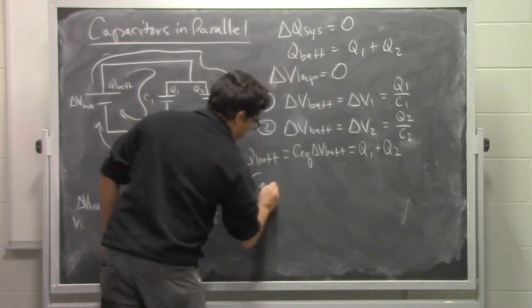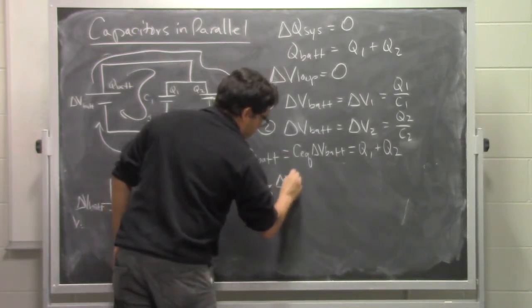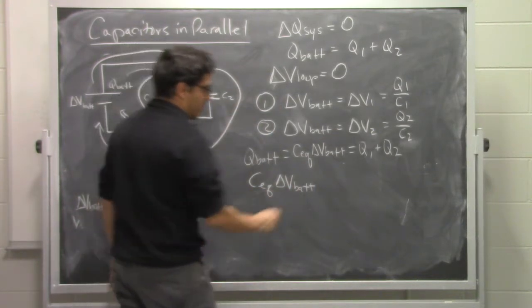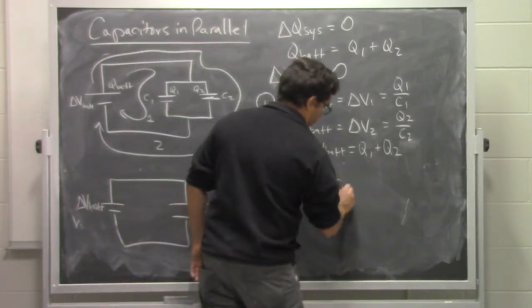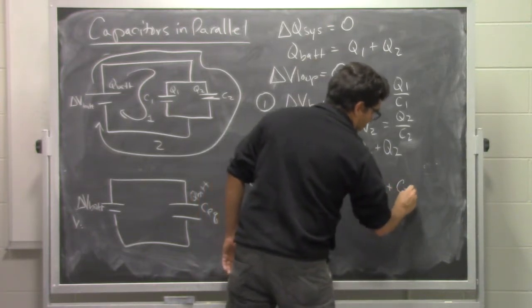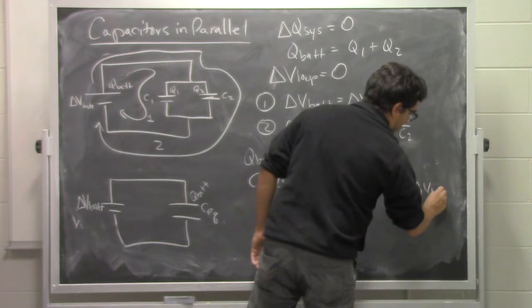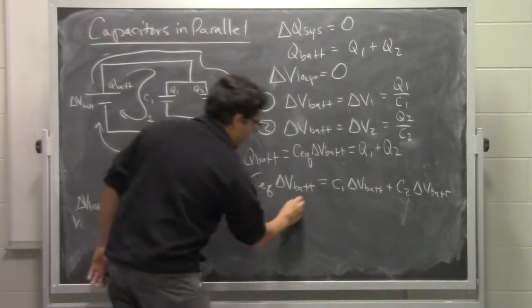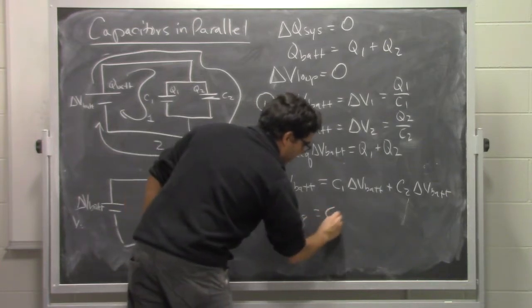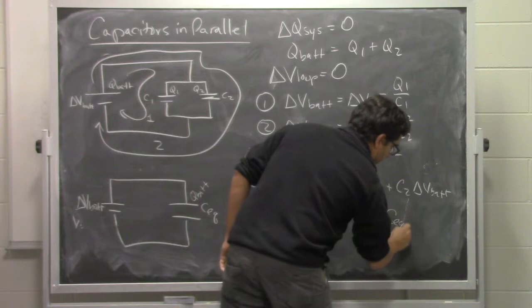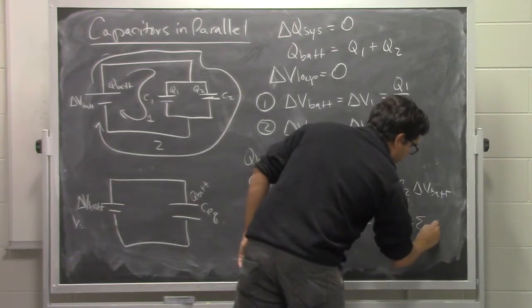Or written in the math, the equivalent capacitance times delta Vbat is going to be equal to C1 times delta Vbat plus C2 times delta Vbat. All of them share the same delta Vbat, so C equivalent is C1 plus C2. And again, this holds for any number of these that are in parallel like this.